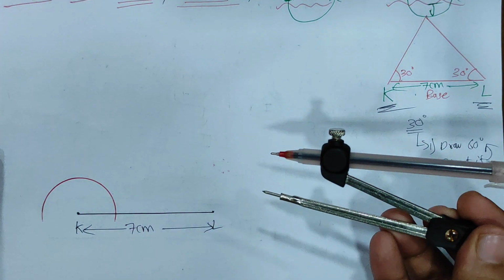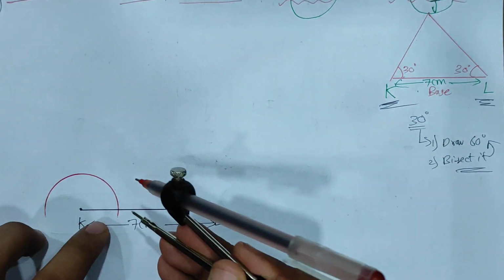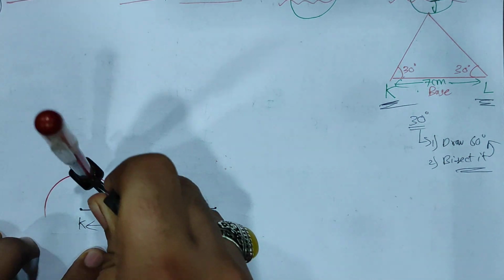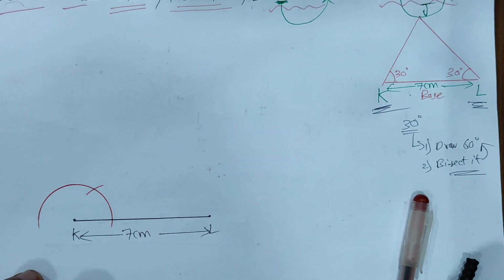Okay, fine. And now without changing the radius, keeping at this point an arc over here, and this will be 60 degree.